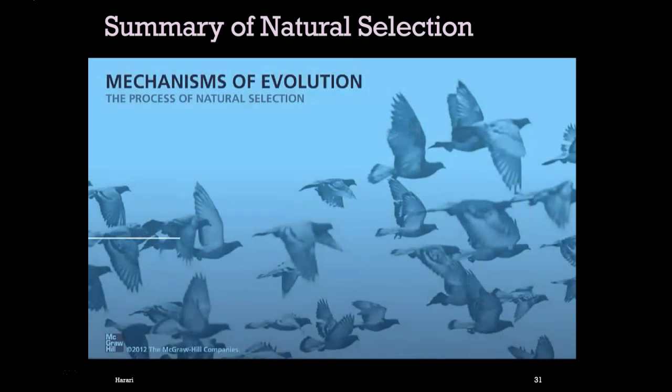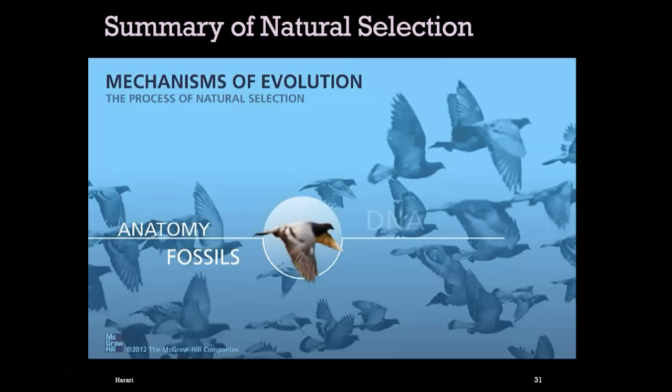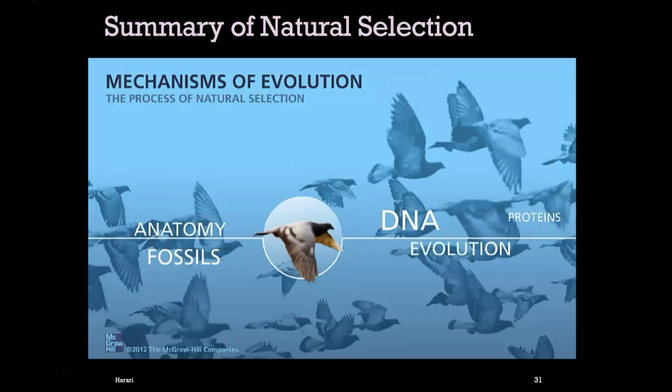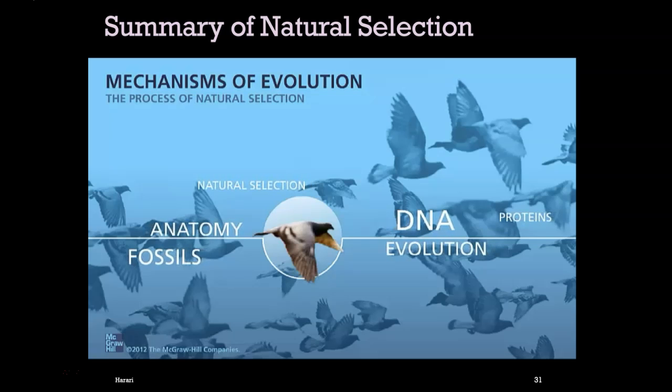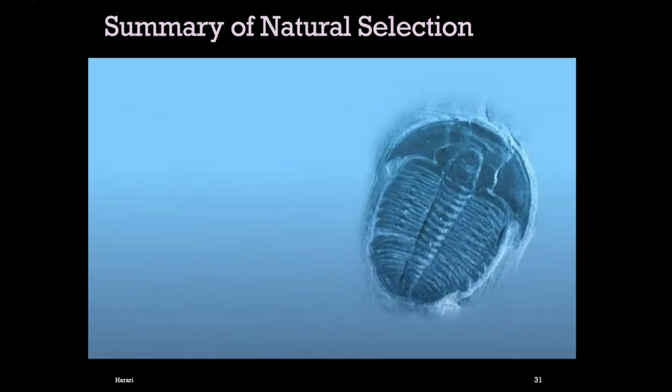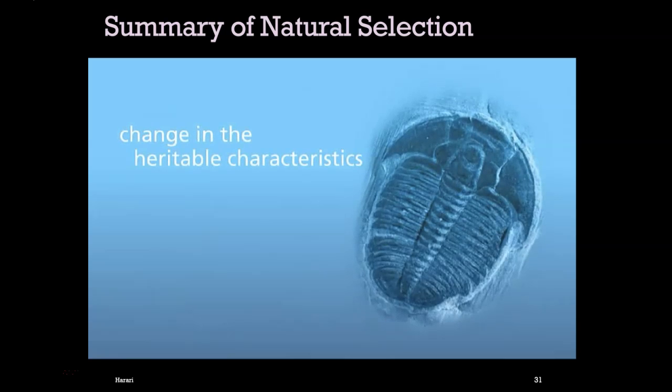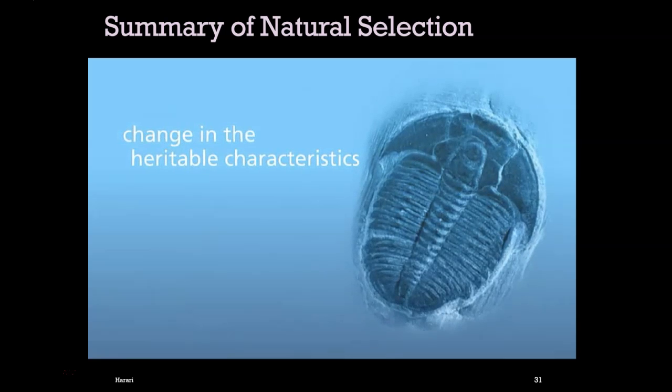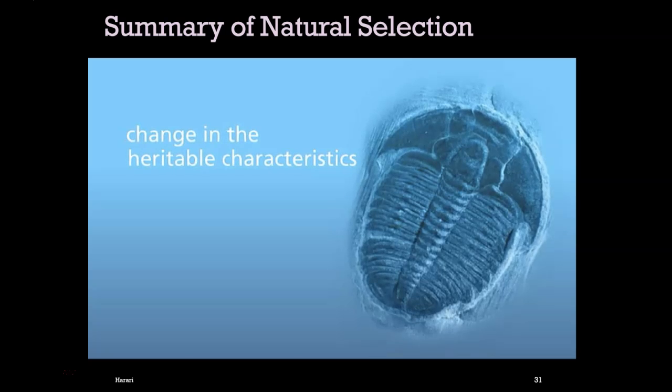By studying the fossil record and comparing anatomical, developmental, and molecular information of organisms, we can see that life on Earth has evolved. Charles Darwin proposed natural selection as a mechanism for evolution. Evolution is a change in the heritable characteristics of a population from one generation to the next.